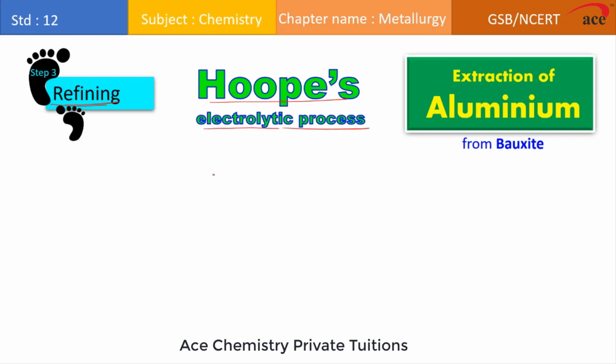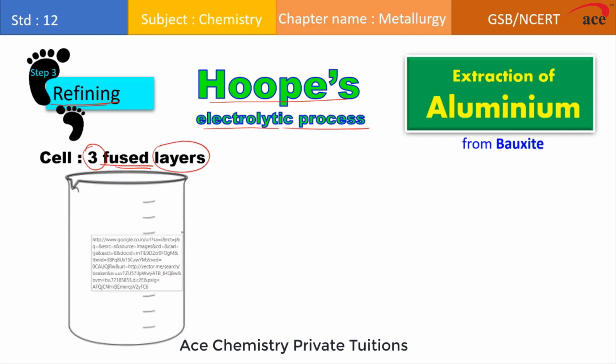Electrolysis. So for this, the apparatus that we are using consists of 3 molten or fused layers. Say for example, if this is the electrolytic cell, then it consists of 3 layers.